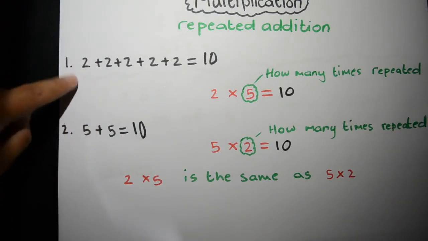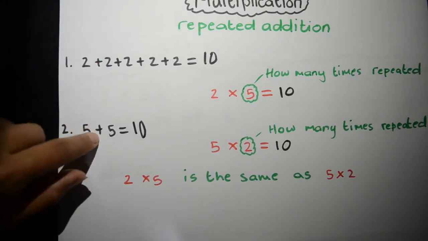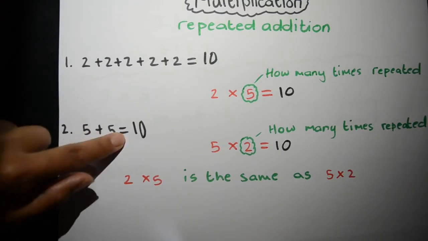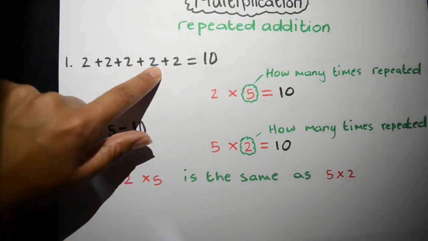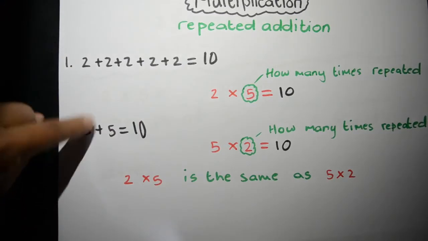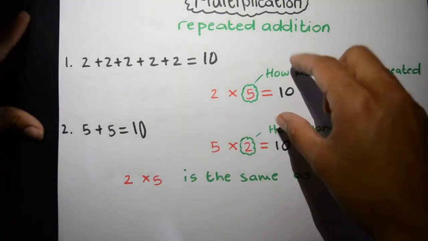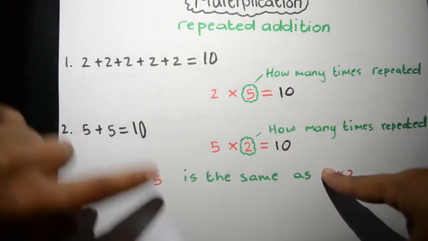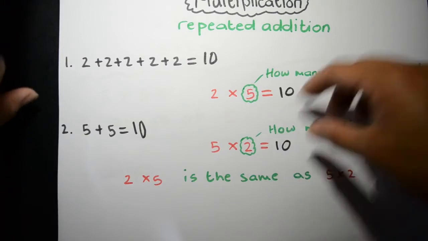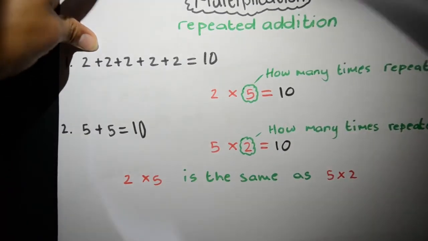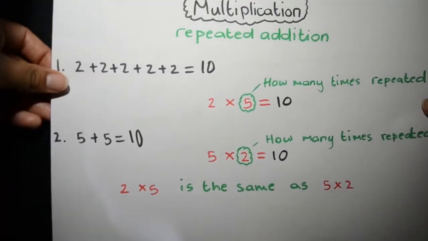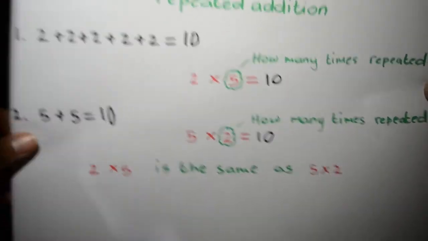Okay, so obviously doing it this way is quicker than if you would do it this way, because counting in 5's is quicker than counting in 2's, right? So if you look at it, it's the same. And I want to show you another way of looking at multiplication in terms of groups.